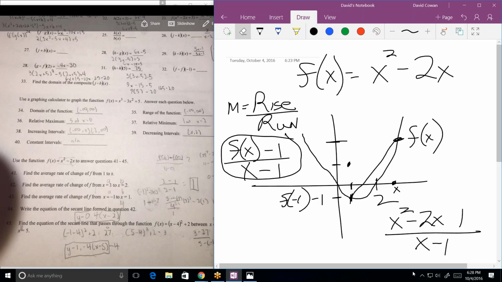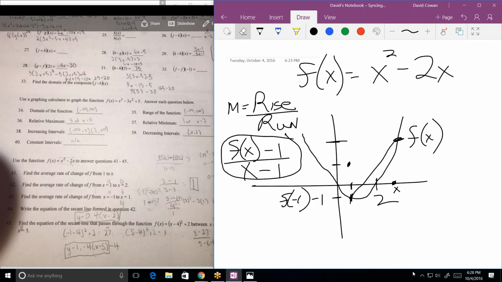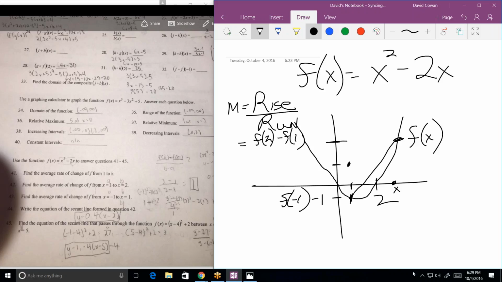f(b) minus f(a) over b minus a. Exactly. That's rise over run. In other words, for 42, the rise is f of 2 minus f of 1. The run is 2 minus 1.